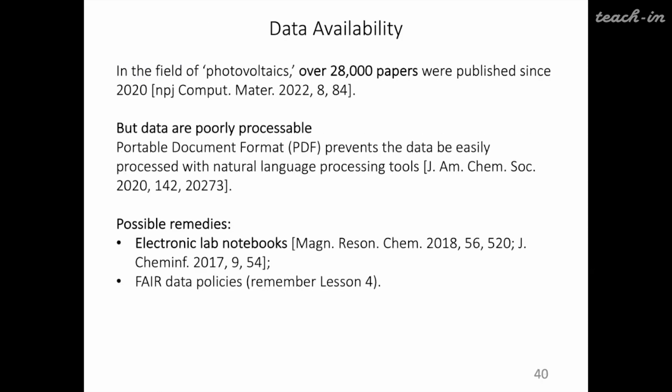So next, there is a problem of data availability. And mainly it's related to the fact that PDF files used to publish scientific articles electronically are poorly processable with natural language processing tools. And this is a problem for articles from the previous years.